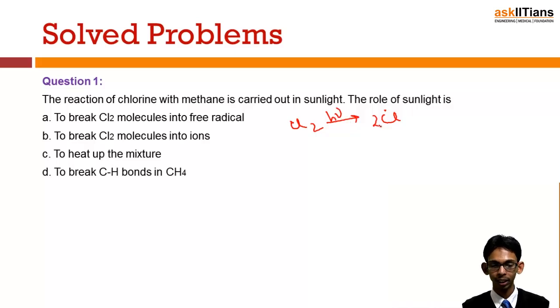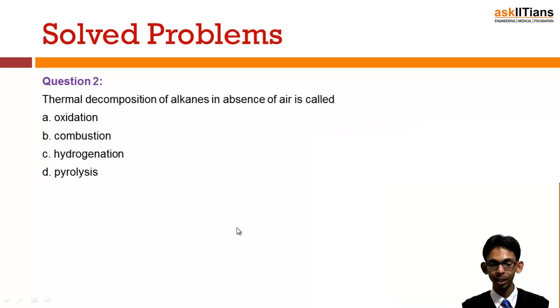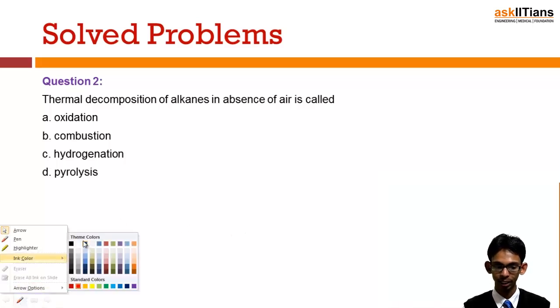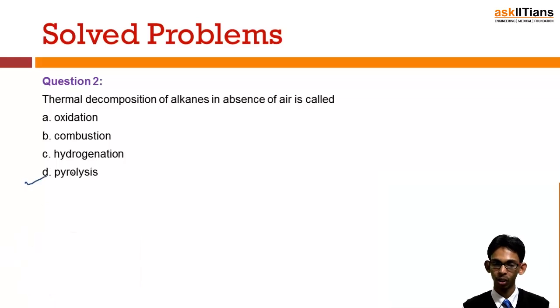So the role of sunlight is to break Cl2 molecules into free radicals. The thermal decomposition of alkanes in the absence of air, we have just seen, is called pyrolysis.